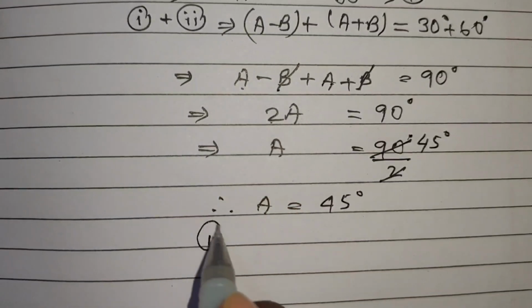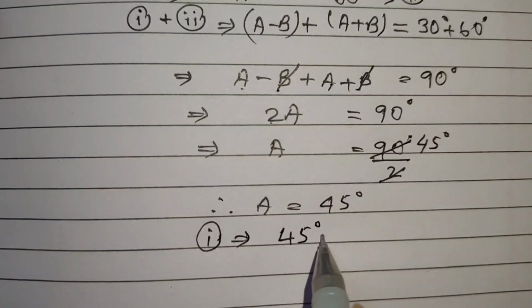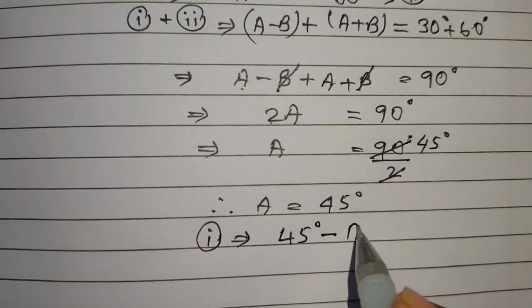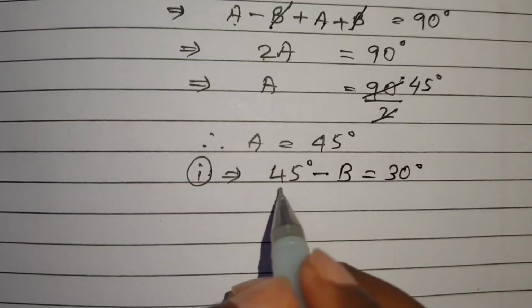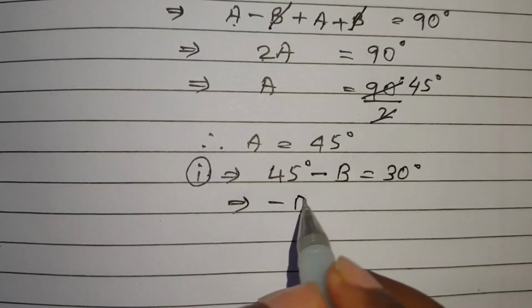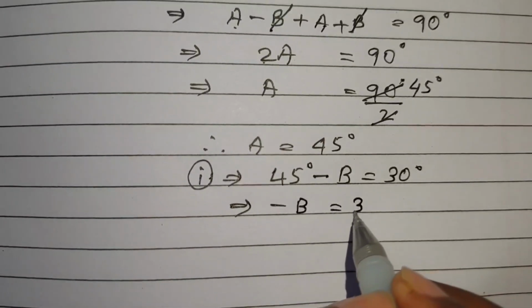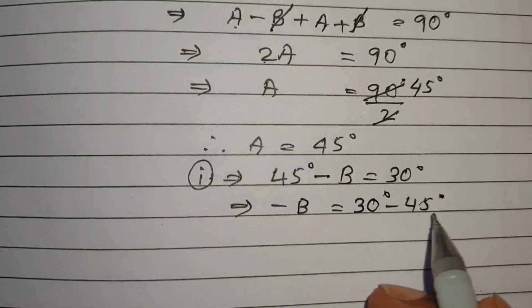Now put this value a is equal to 45 degree in equation 1. 1 implies 45 degree minus b is equal to 30 degree. This 45 will go to the right side and becomes negative. That means minus b is equal to 30 minus 45 degree.